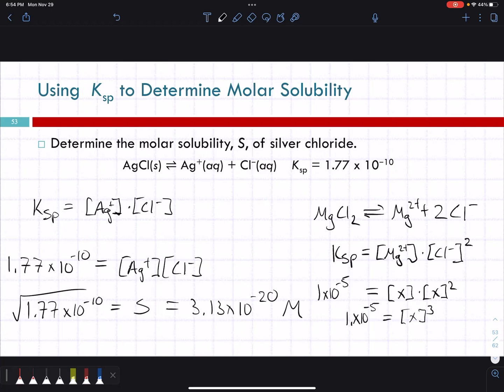So here this is 2 ions, so S equals the second root of Ksp. Over here, because there are 3 ions, S equals the third root of its Ksp. So if you had 4 ions, it would be the 4th root, so on and so forth. Most of the time, it's going to be 2 or 3.